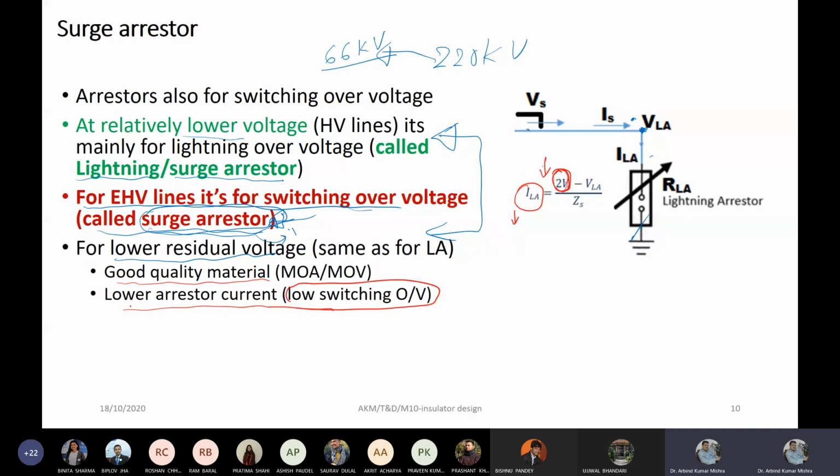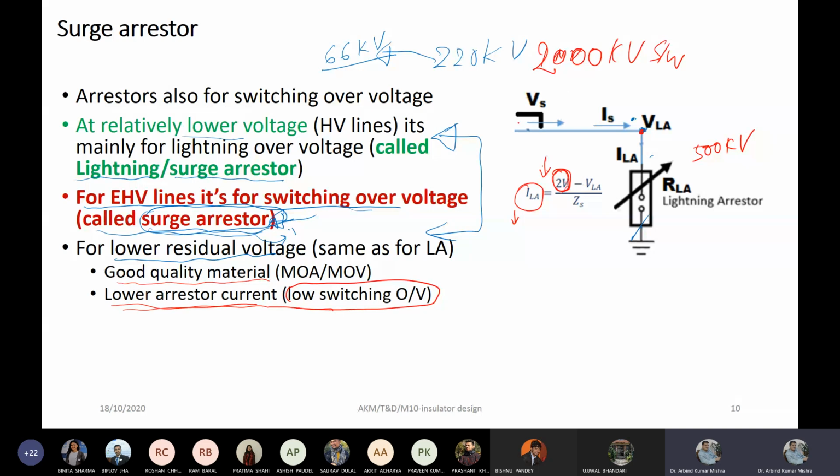That is, lower arrestor current can be achieved by reducing this. People may think, okay, whatever, say 1 million volt or 1000 kilovolt is the switching over voltage, what's wrong? Or 2000 kilovolt is the switching voltage. I have put in a lightning arrestor of say 500 kV. It will work. Just concentrate on what I mean here.